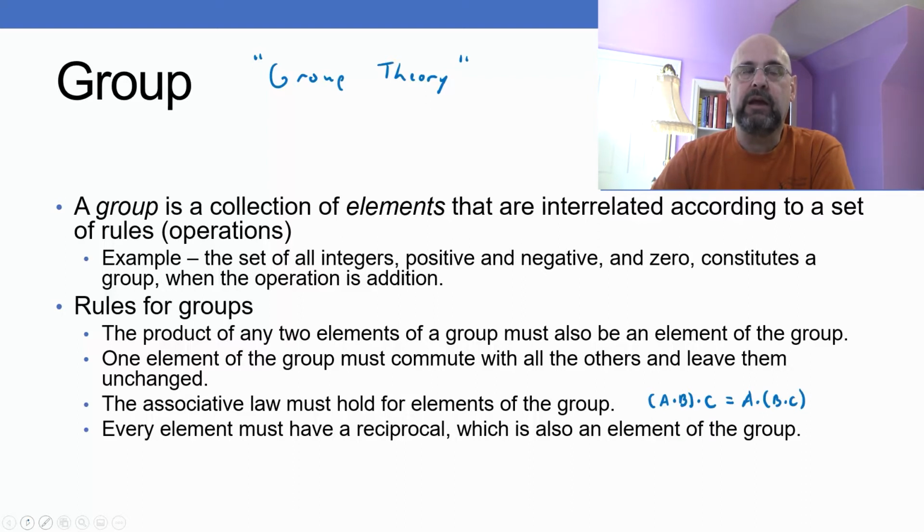In other words, it must have an element which, given the operation I'm working with, when I operate it onto that element, I get the identity element. So the reciprocal for a positive number would be a negative number if the operation is addition. The operation is addition, my numbers are integers, so the reciprocal of -2 is +2, because the two of them add together to get 0.